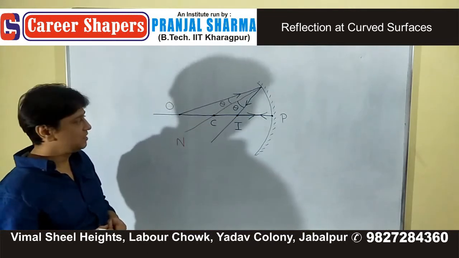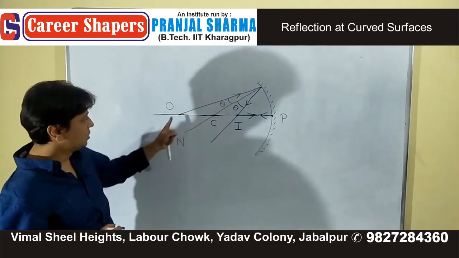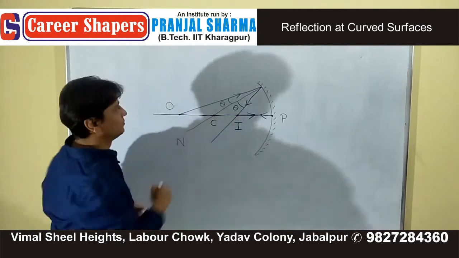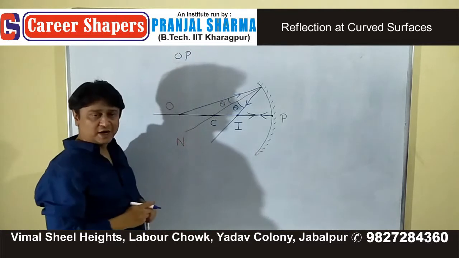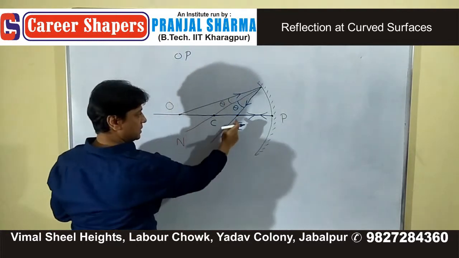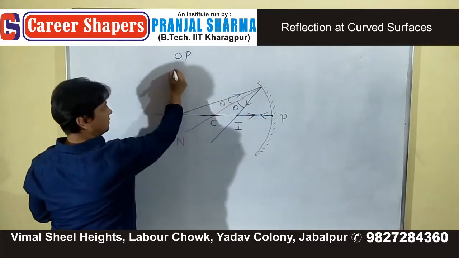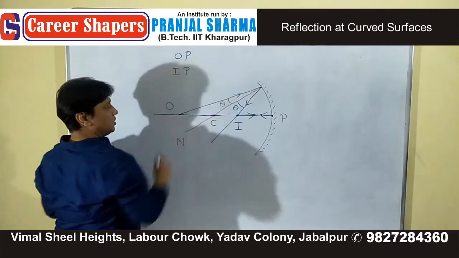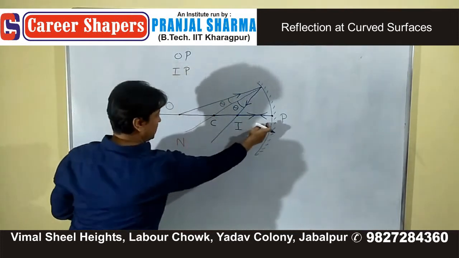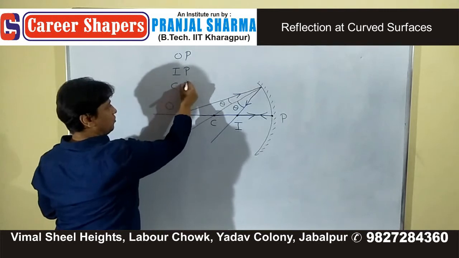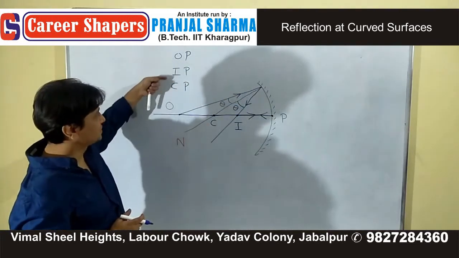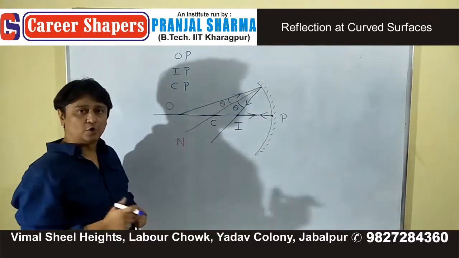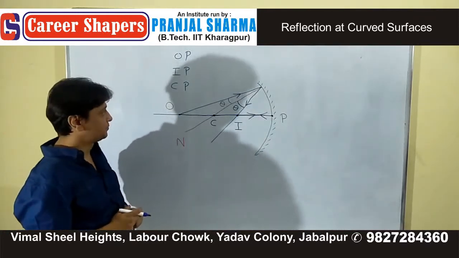Our aim is to find the relationship between OP, which is object distance, and IP with CP. First, we will establish the relationship between these distances, and then we'll see how to relate this with focal length.